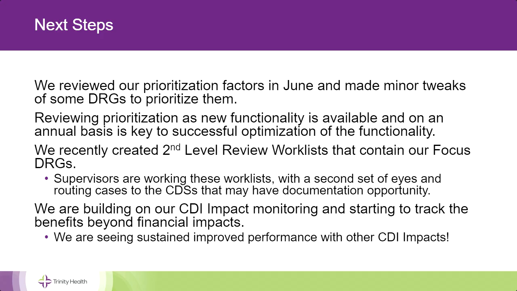Some of the steps that we took after prioritization is that we now are on track to review our priority factors in June of every year. We looked at them last year. We're looking at them again this year, making minor tweaks to them and maybe prioritizing DRGs differently based on some current experiences and challenges that we're having.